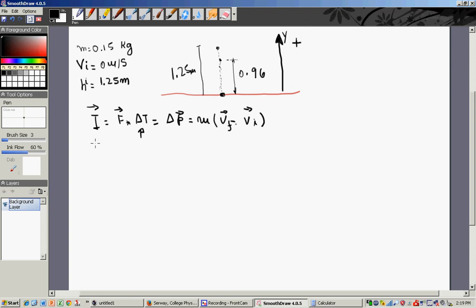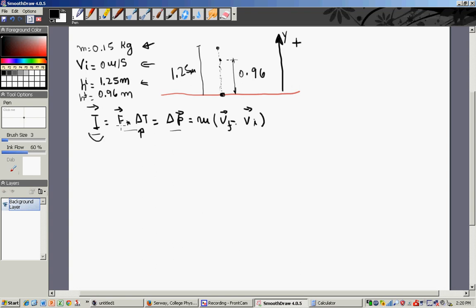So we want to solve for impulse. What do I have? I have mass, I have initial velocity, and I have the height. Well, when you look at the equations that involve impulse, you know you have to use either this or that, which will give an impulse.